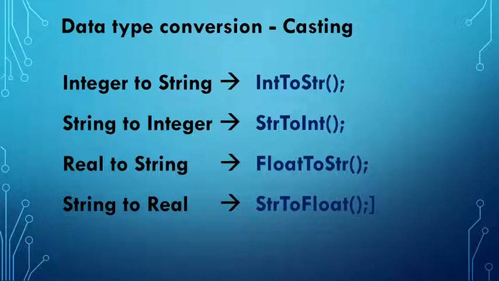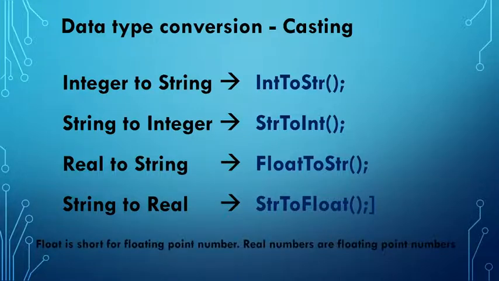And that square bracket should not be there in the end. That is a typo. Just to refresh, a float is short for floating point number. Real numbers are floating point numbers. So there you've got it. 4 conversion or casting functions in Delphi. And we're going to apply those now in coding.